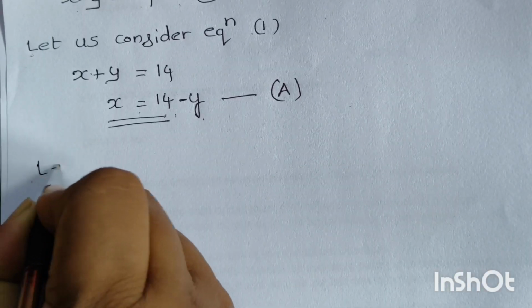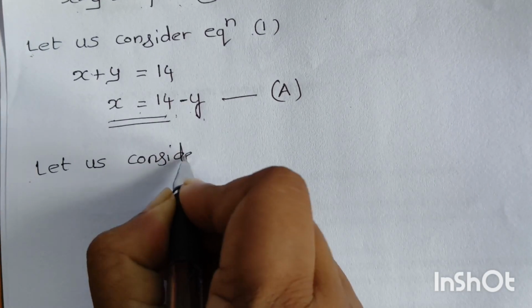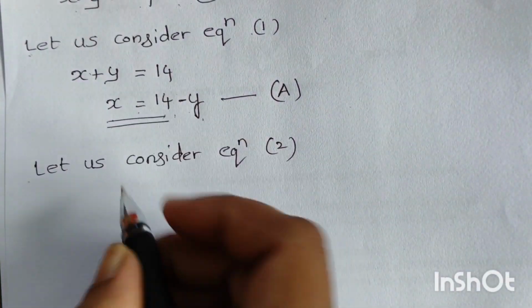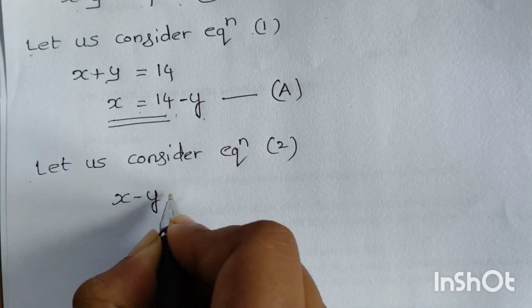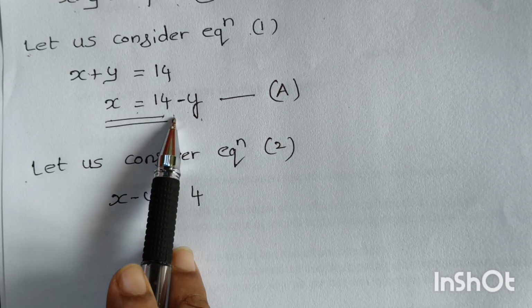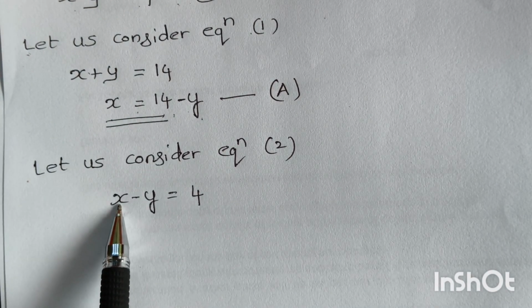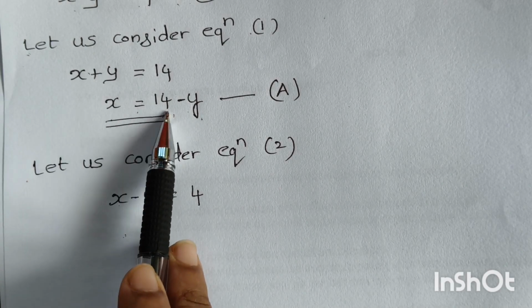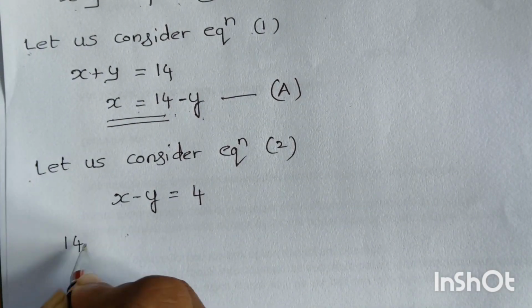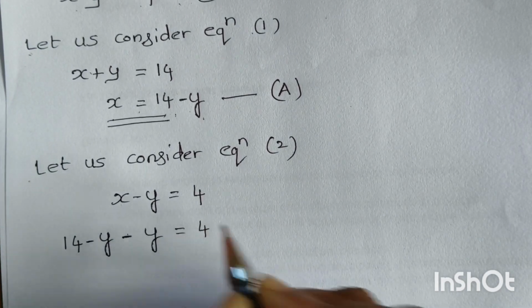Now, let us consider equation 2, that is x minus y is equal to 4. Now let us substitute the value of x in this equation. In the place of x, let us write 14 minus y. Here 14 minus y is equal to 4.